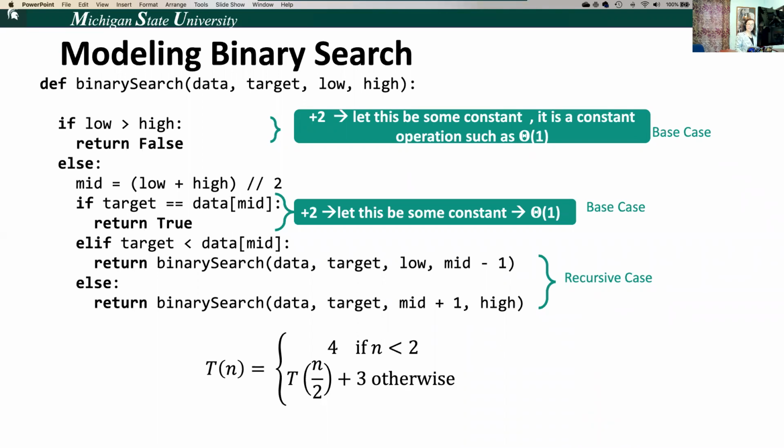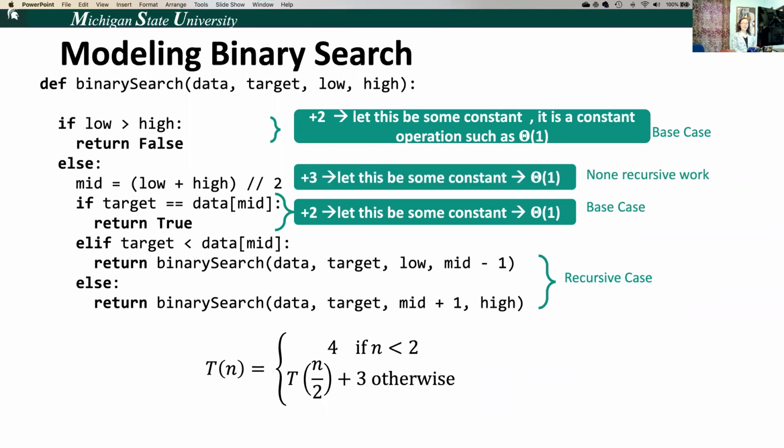And then check this out. I have a recursive case, and I have that non-recursive case where I'm doing the algebraic operation. My recursive case is not 2 consecutive calls, you guys. I will ask this in an exam. You guys always put 2 in front of it. It's not 2. It's going to be either one of them, because it is an else if recursive call, else recursive call.